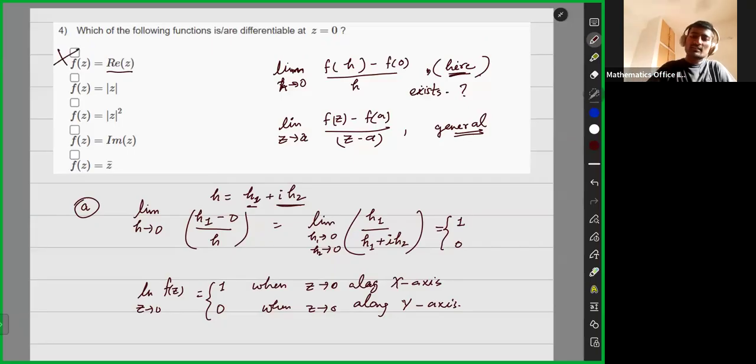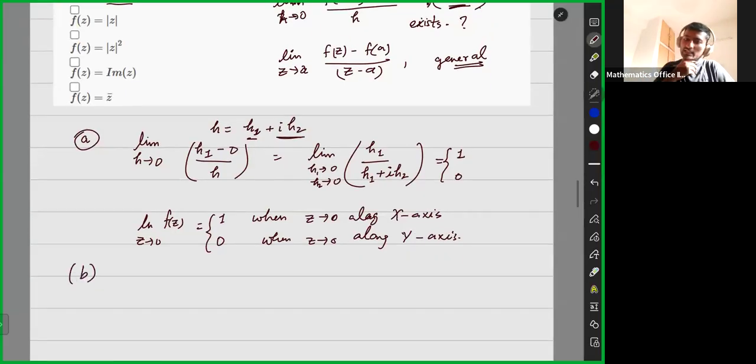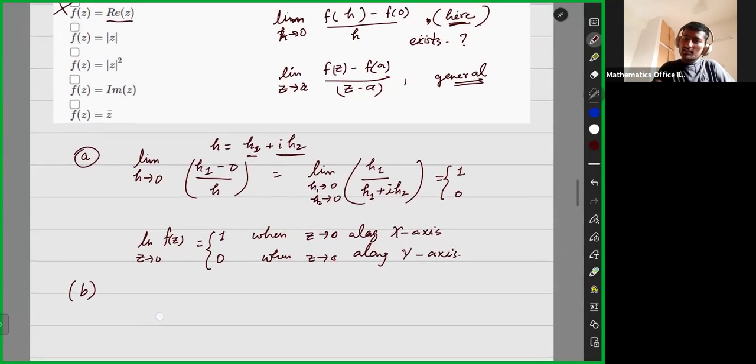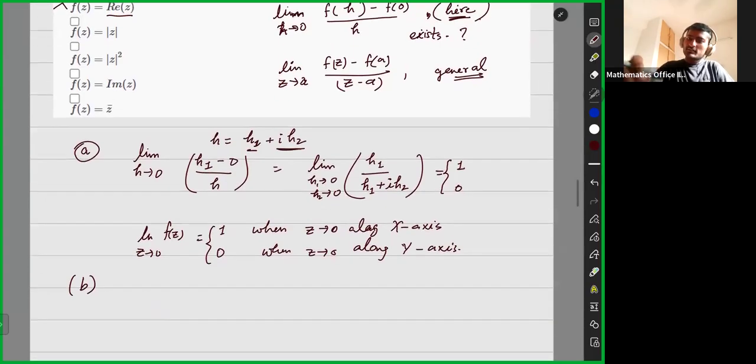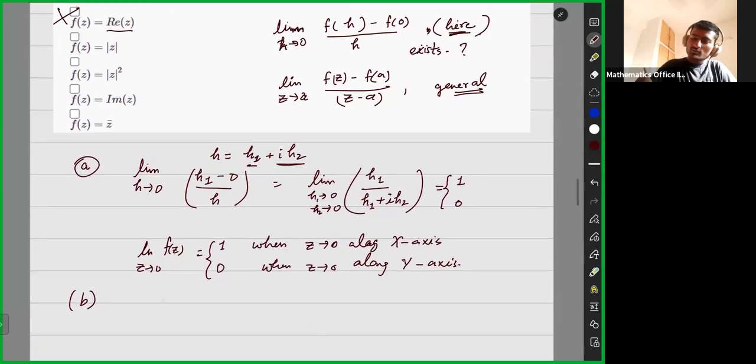So this option is wrong. Now we are checking for the modulus. We are always using the first definition. So we want to check the limit of mod h minus mod f(0), divided by h, as h tends to 0.